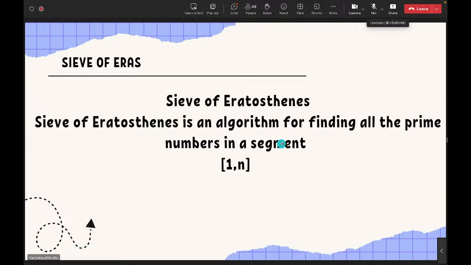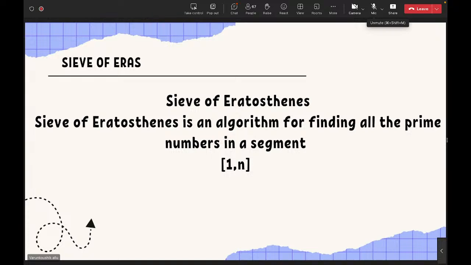Next we'll be discussing the Sieve of Eratosthenes. This is an algorithm to find all the prime numbers in a segment, 1 to n. We have an n root n approach, an n square approach, and a lot of others, but we require a much more optimal approach, because in CP your time complexity is one of the most important topics.